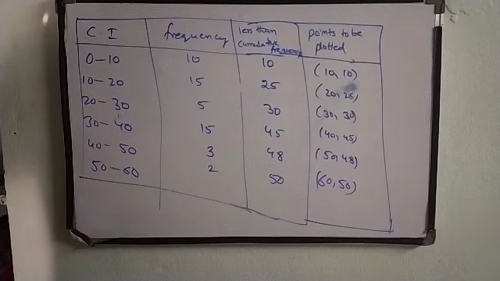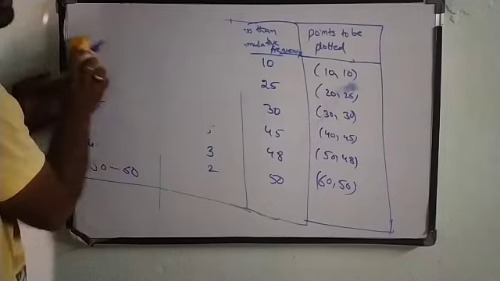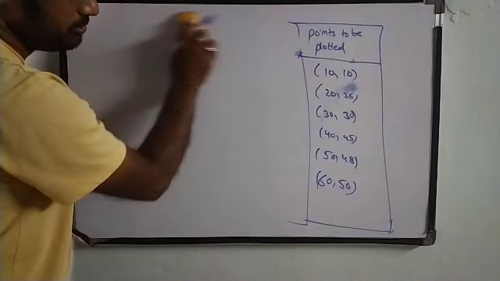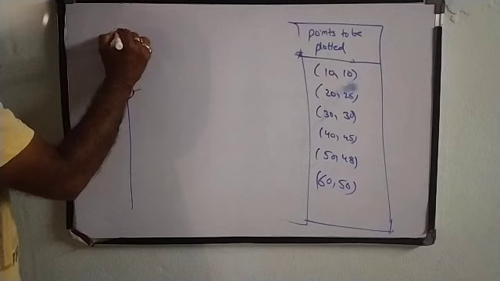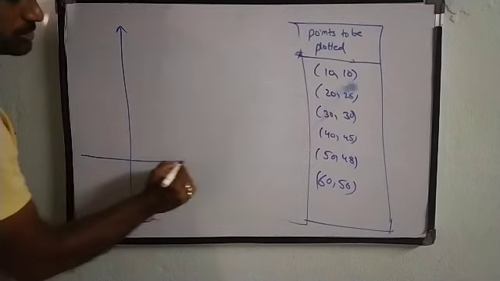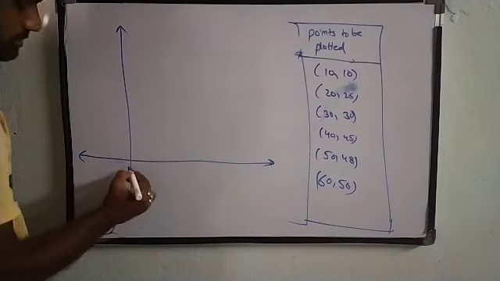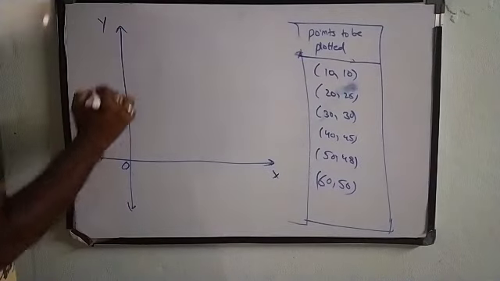So let us plot it and observe that graph. Let us draw the coordinate axes. Since both coordinates are positive, we mark the points only in quadrant one. The meeting point is the origin. This is the x axis and this is the y axis.